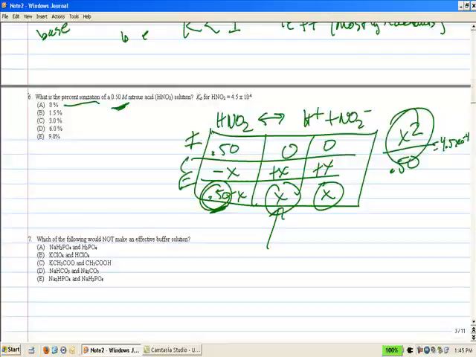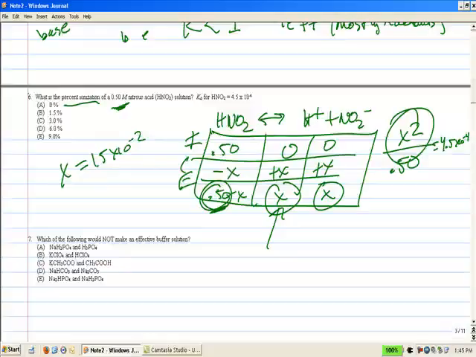So we're going to take 4.5 times 10 to the minus fourth, and multiply it by 0.50, and I get 2.25 times 10 to the negative fourth, and then I'm going to square root that, and I get an x value equal to 1.5 times 10 to the minus second. So that's how much of it ionized.